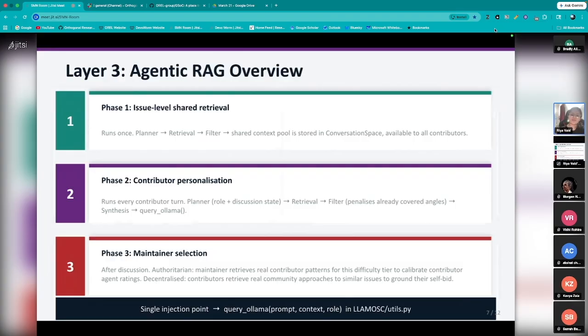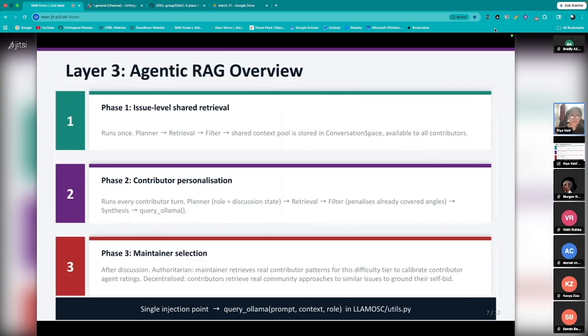Phase two is contributor personalized. At every contributor's turn, the planner gives a role-based plus discussion-based query, personalized to that particular contributor. The retrieval takes place, and the filter penalizes already covered angles, so that every time we discover a new angle on the problem.